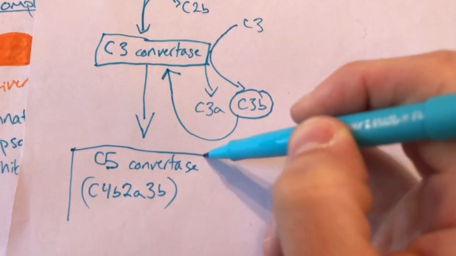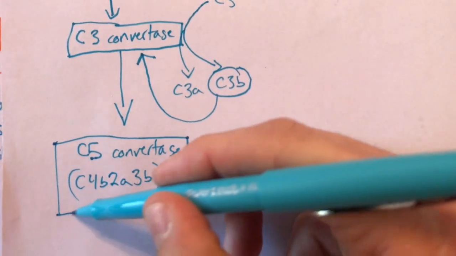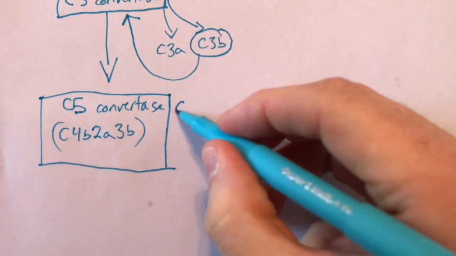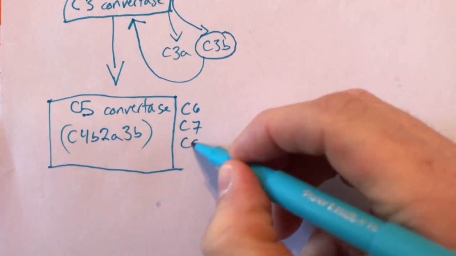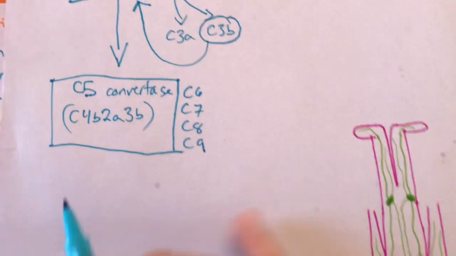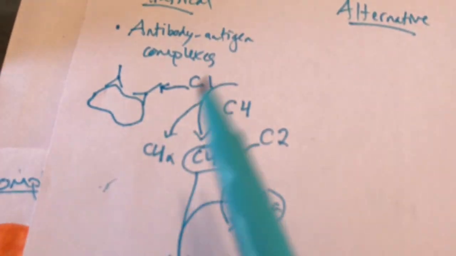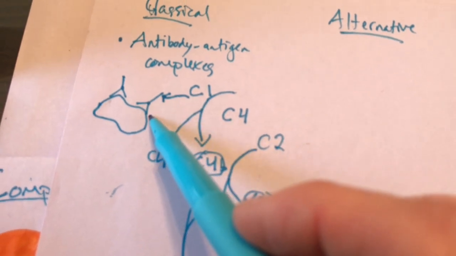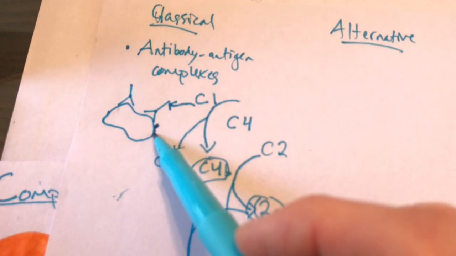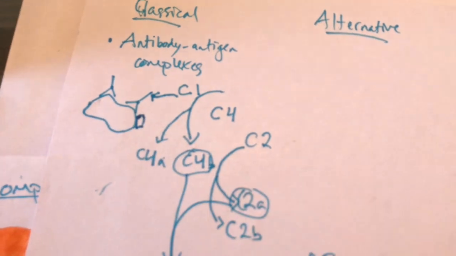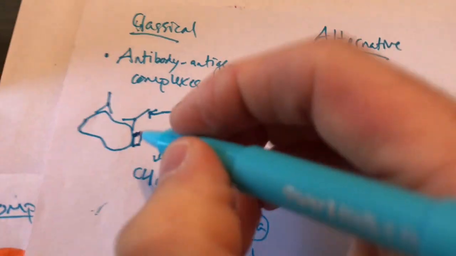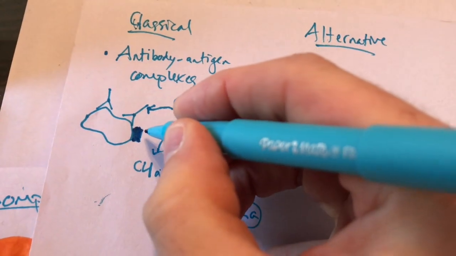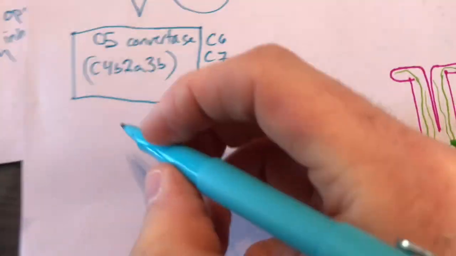And then this is what is responsible for promoting C6, C7, C8, and C9 to the surface of the pathogen. So remember, it all starts on the constant region of the antibody, but then as things happen, they bind to the surface of, in this case, we'll say it's a bacterial cell. And then C5, 6, 7, 8, and 9 form the membrane attack complex.